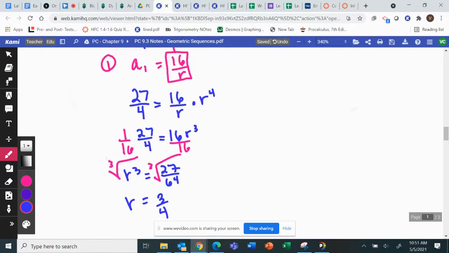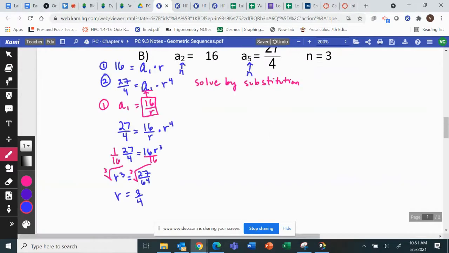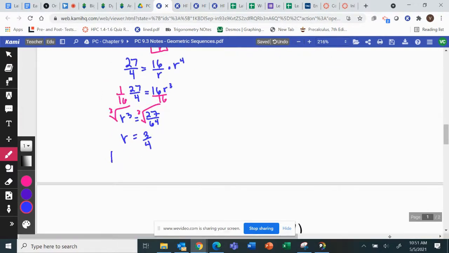We have to plug that into one of the original equations to find the a sub 1.